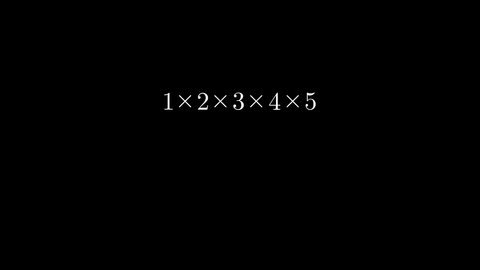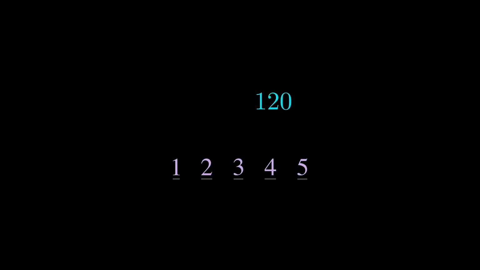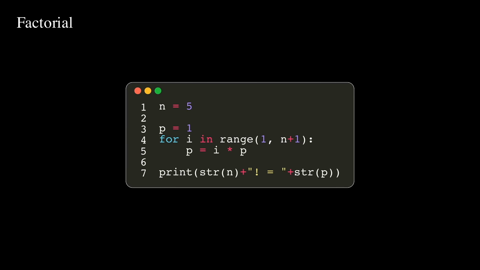But the process certainly gave me some inspiration. Those sequential numbers just look like a range object. The action of repeated multiplication also rings a bell with the spirit of a loop. So let's write a program that can compute the factorial of any positive integer. We initialize the variable p as 1 outside the loop.